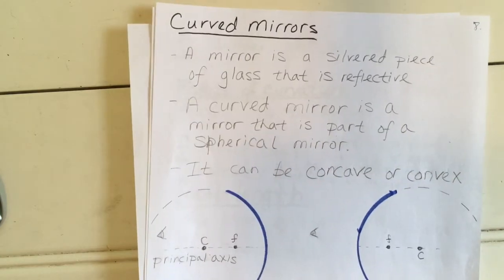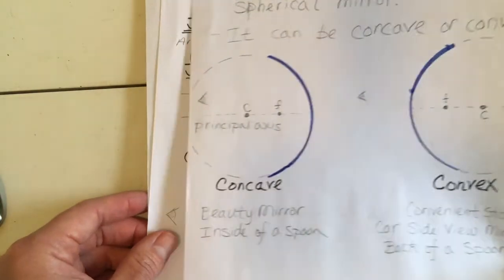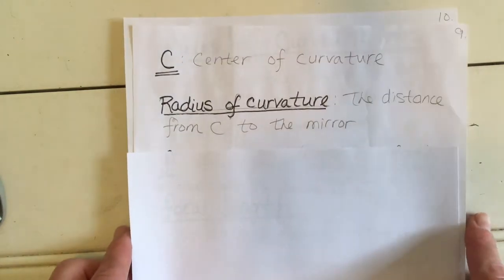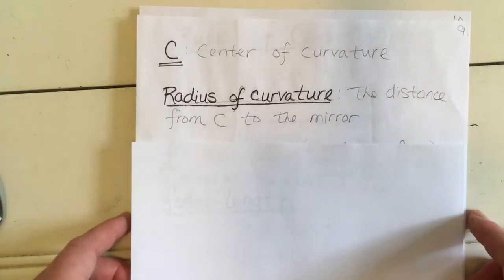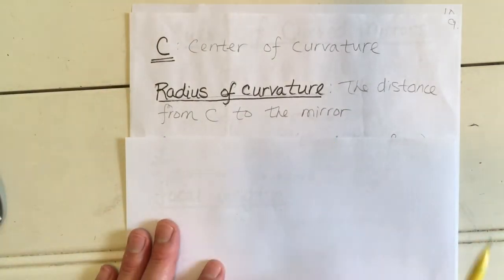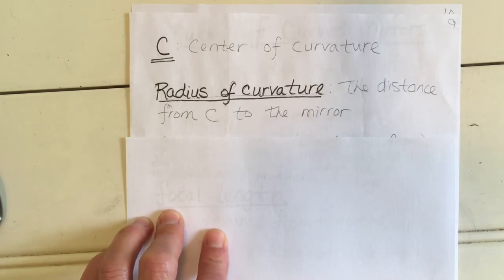All right. Good. So two types of mirrors, concave and convex. Let's get a little bit more here about these different points. The first is the point C. C is the center of curvature, right? It's the center of the sphere. So the distance from C to the mirror is the radius of curvature. So you can go ahead and write that down.